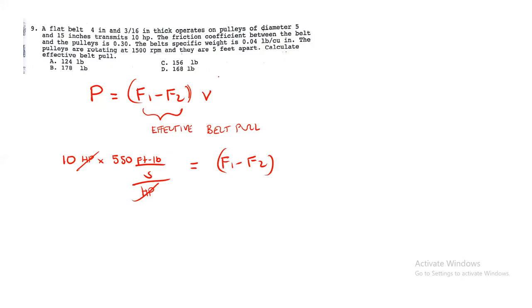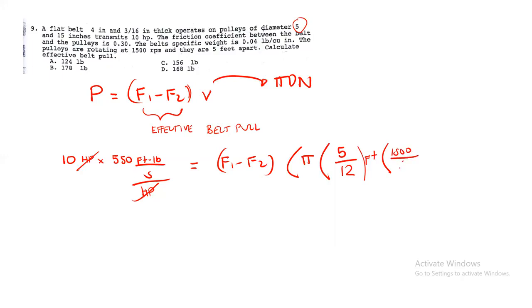So, ang velocity natin, itong velocity is pi D N. So, times pi, diameter natin is 5 inches. Gagamitin mong diameter dito, use diameter yung mas maliit, yung diameter ng driver. So 5/12 para maging feet. Then N natin is 1,500 RPM.